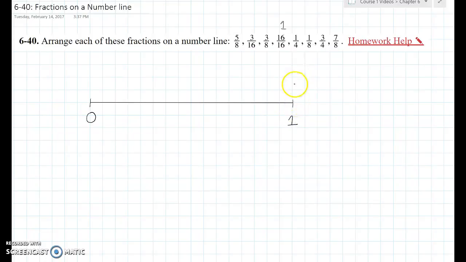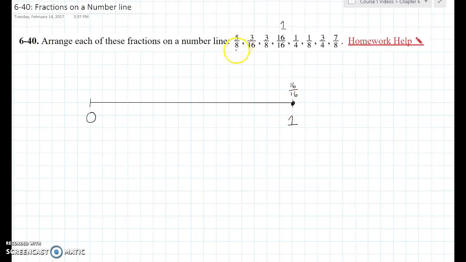So right here is 16 sixteenths. I can put a dot there for 16 sixteenths. That is 1 whole. Now the problem is I've got eighths, I have fourths, I have sixteenths. Once I saw that, I specifically made my number line 16 units long, figuring that is 16 sixteenths, could be 1 whole.